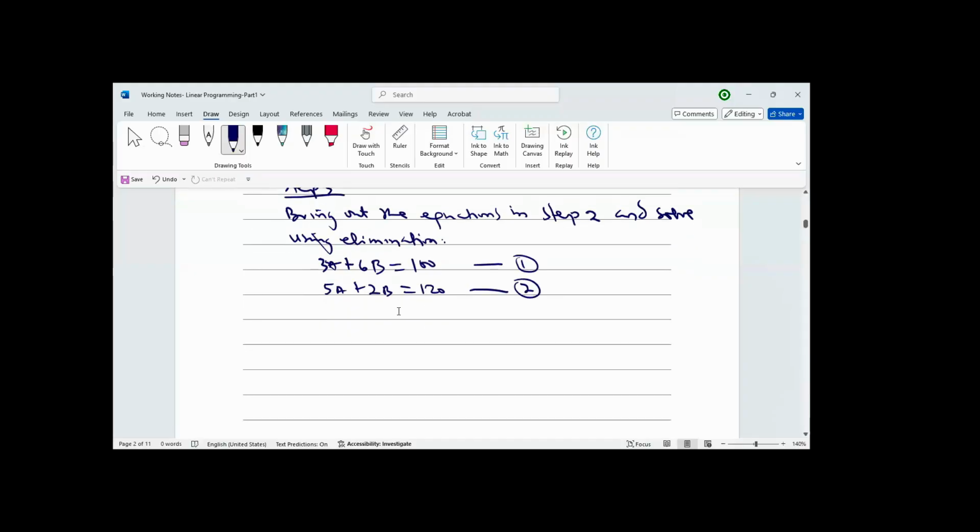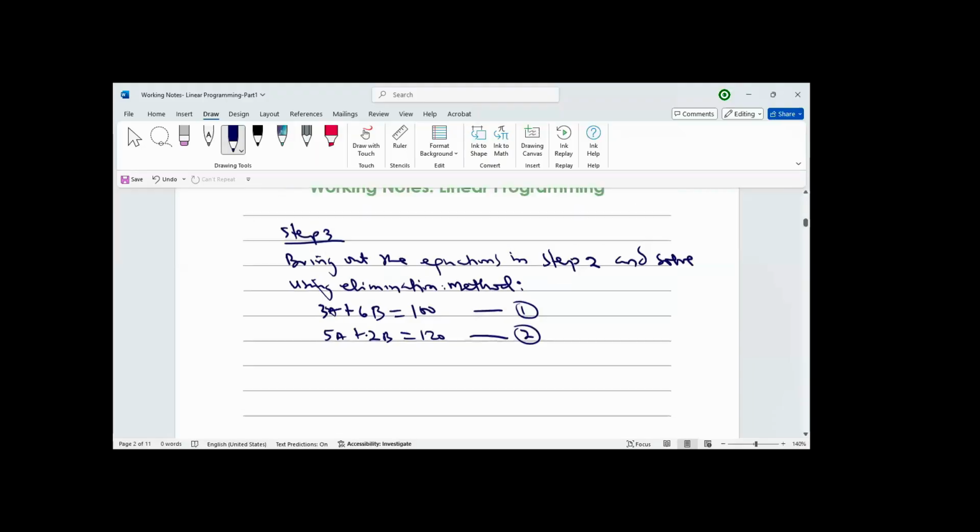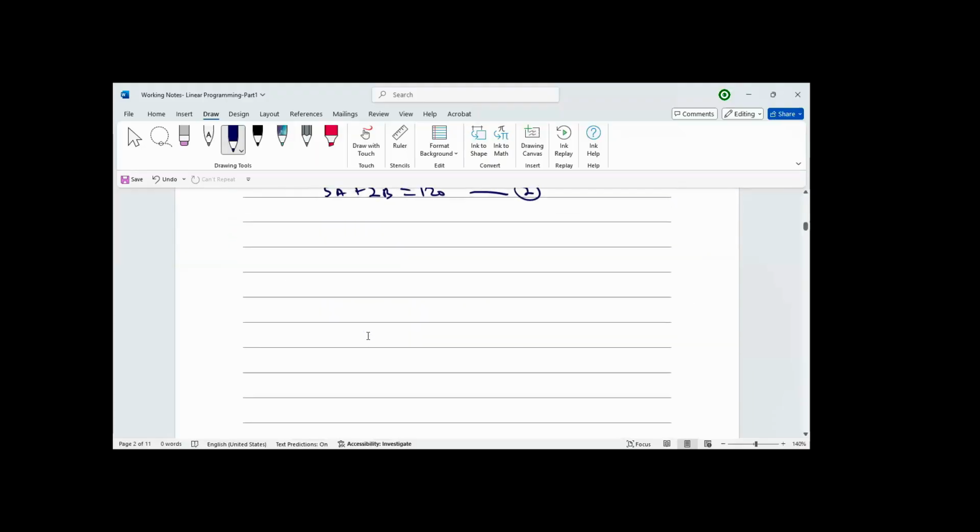I will then use the elimination method to get the value for A, and the elimination method to get the value for B. This is what I mean by bringing out the equations in step 2 and solving using the elimination method. Then step 4, you construct a pivot table.